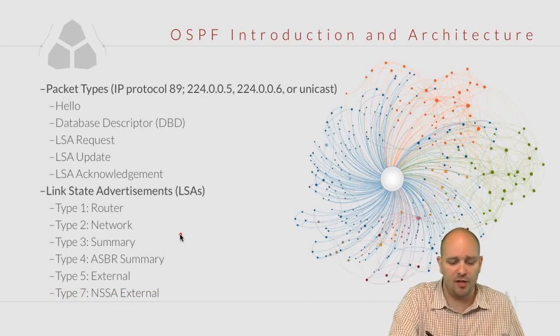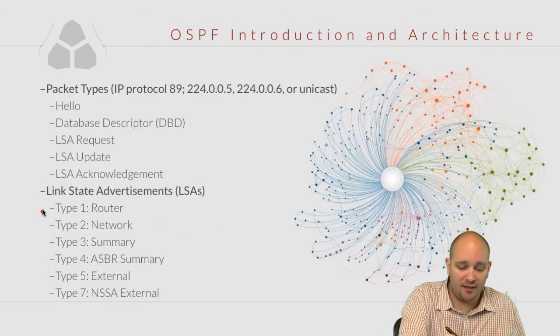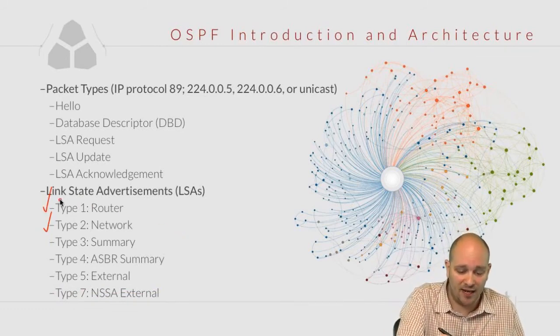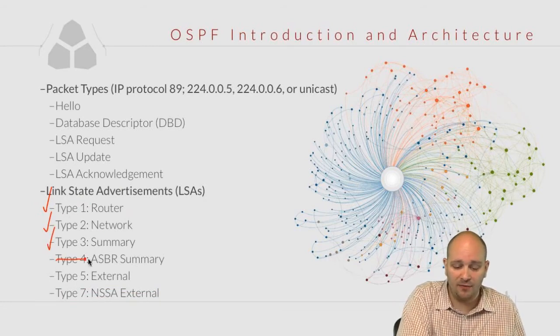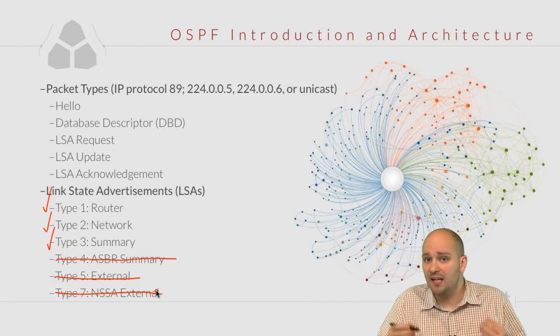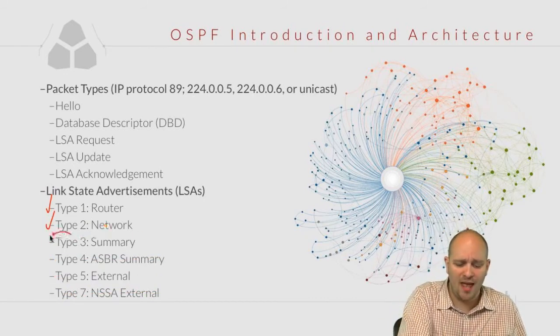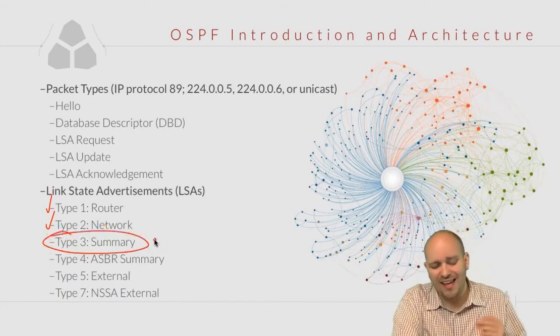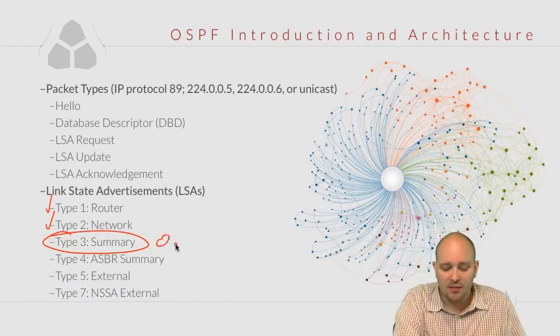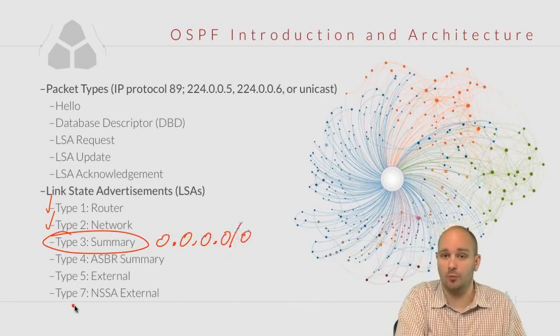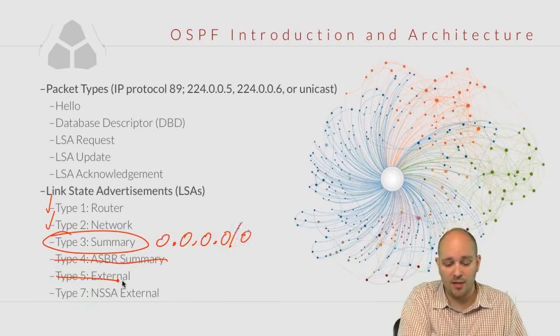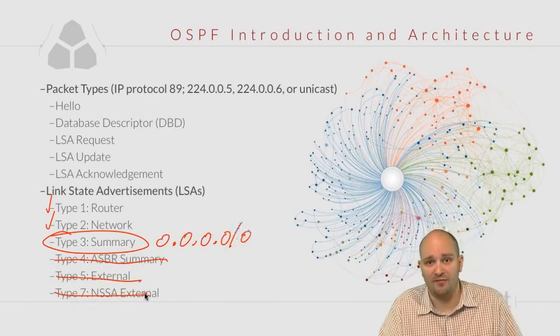In the stub areas, for example, we can have type 1 LSA, type 2, and type 3, but we cannot have types 4, 5, and 7. In a totally stubby area, we can have type 1, type 2, and type 3, but it's only going to be the default route that is injected as a type 3 summary, and we cannot have types 4, 5, and 7.